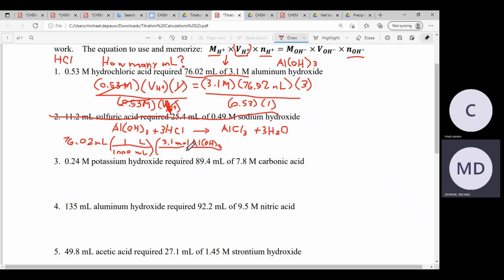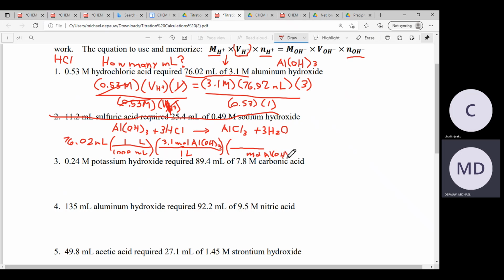I'm getting the feeling you're probably already recognizing that this is not the way you want to do it. And then once you have moles of aluminum hydroxide, you can convert moles of that to moles of HCl, because I'm trying to get the volume of HCl. Moles of aluminum hydroxide, Al(OH)3.